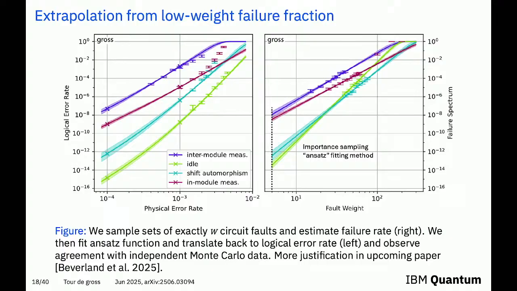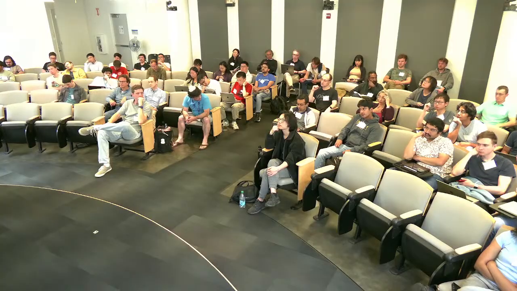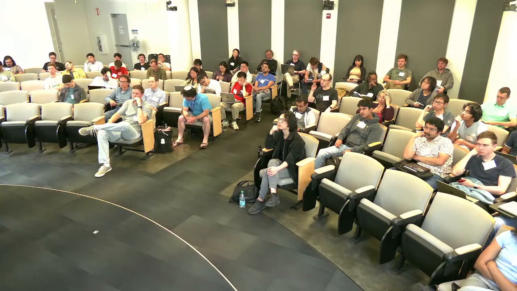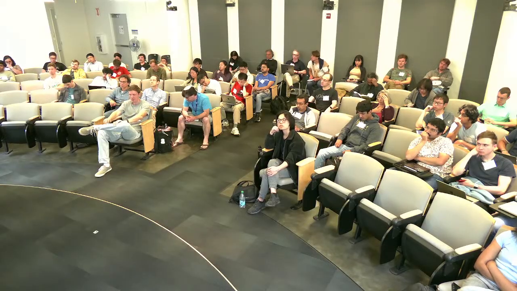Questions? So what do you mean by sampling a circuit fault? Yeah, good question. So let's say you have your circuit, and we fix W. Then you pick W sites to inject a fault into the circuit, and then you see if your decoder fails or not.